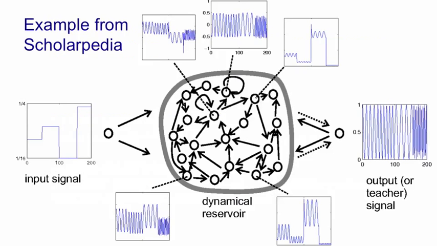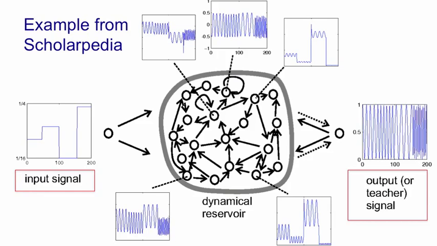So here's a picture taken from Scholarpedia of an echo state network doing this problem. The input signal is the desired frequency of the sine wave. The output signal after it's learned, or the teacher signal when it's learning, is a sine wave with the frequency specified by the input.